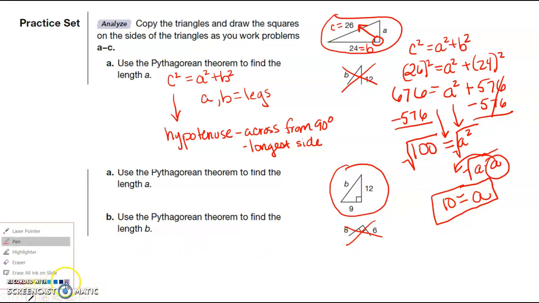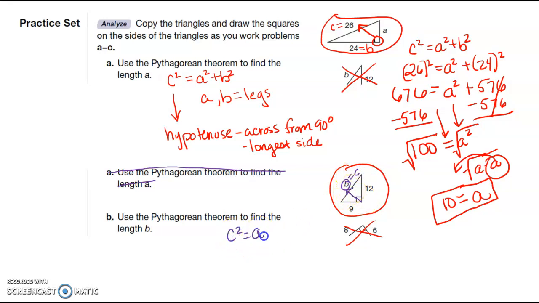Let me grab another color. So we did A. We're going to do B, which is right here. What's unfortunate is B here is actually C, because it's across from the 90-degree angle. That's unfortunate. So I'm trying to find the hypotenuse. Let's call this A and this B. What you call A and B doesn't really matter.